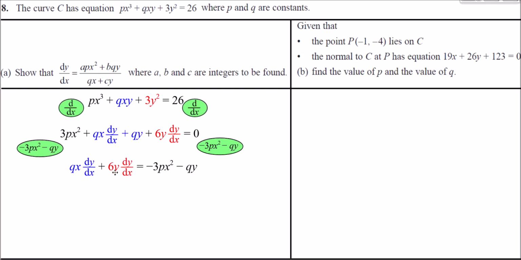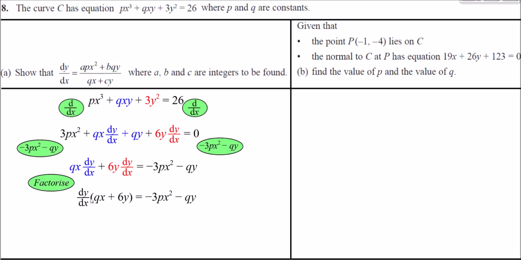We can now factorise on the left hand side. If I factorise out the dy by dx, this now becomes dy by dx, then in brackets qx plus 6y, and the right hand side stays the same, just minus 3px squared minus qy.